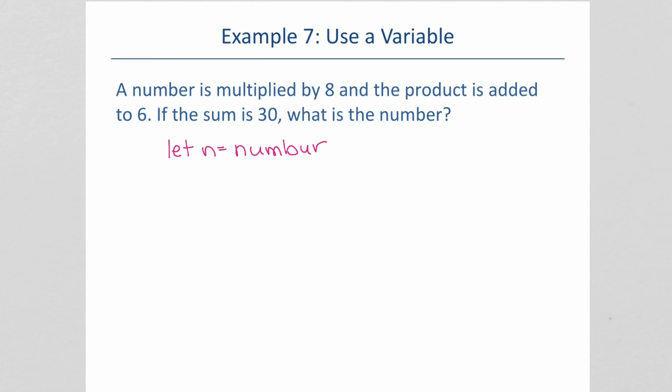So it says the number is multiplied by 8, and that is added to 6. And that sum gives us 30. So we can find the number by solving for n. Subtract 6 from both sides. And divide by 8. The number is 3.